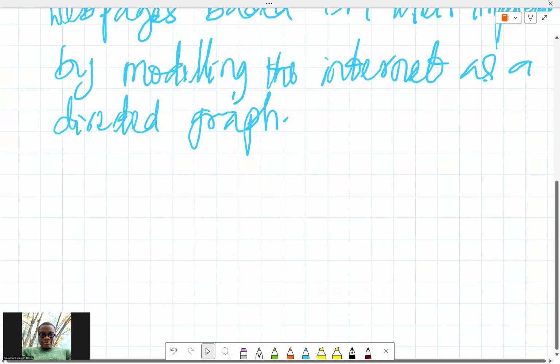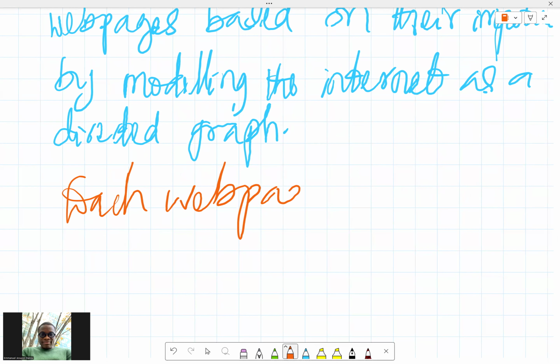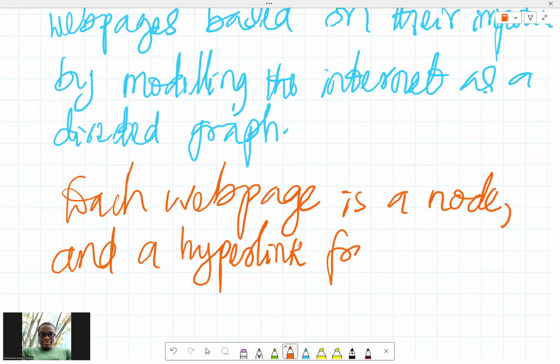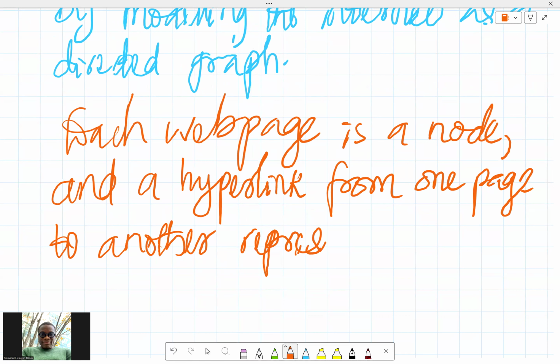So each web page is a node and a hyperlink from one page to another represents a directed edge.